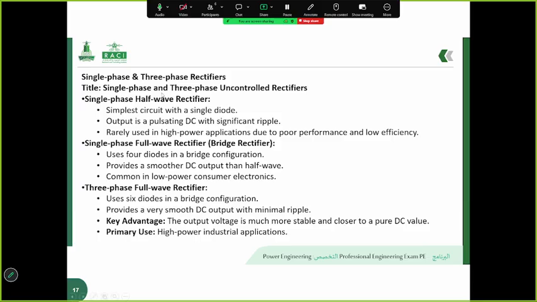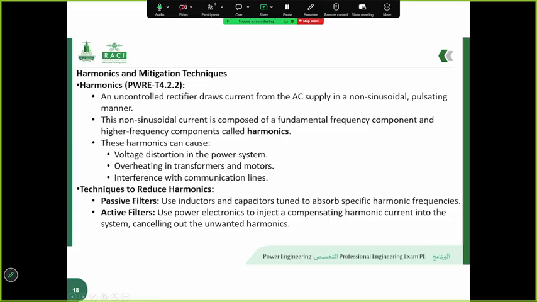Okay, when uncontrolled rectifiers are connected to an AC supply, the current they draw is not purely sinusoidal. Instead it is pulsating in nature because the diodes conduct only during certain parts of the AC cycle.